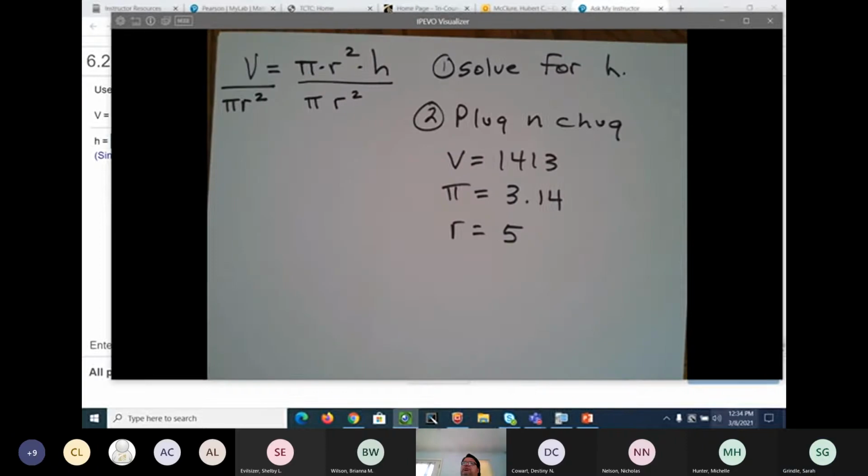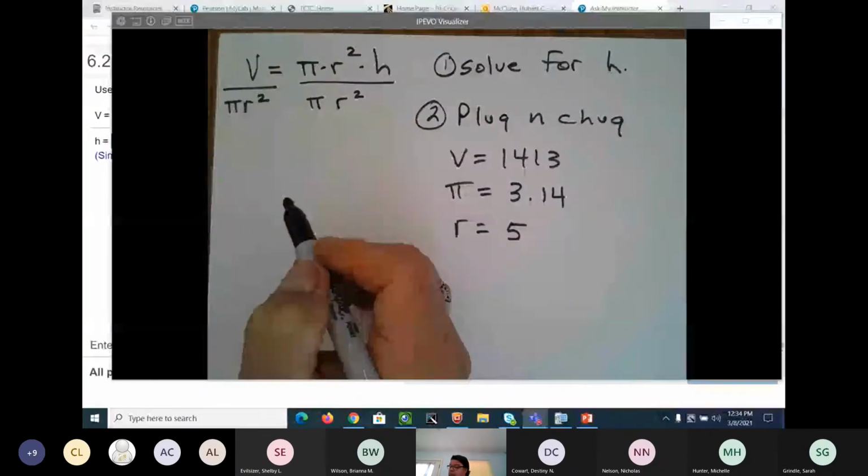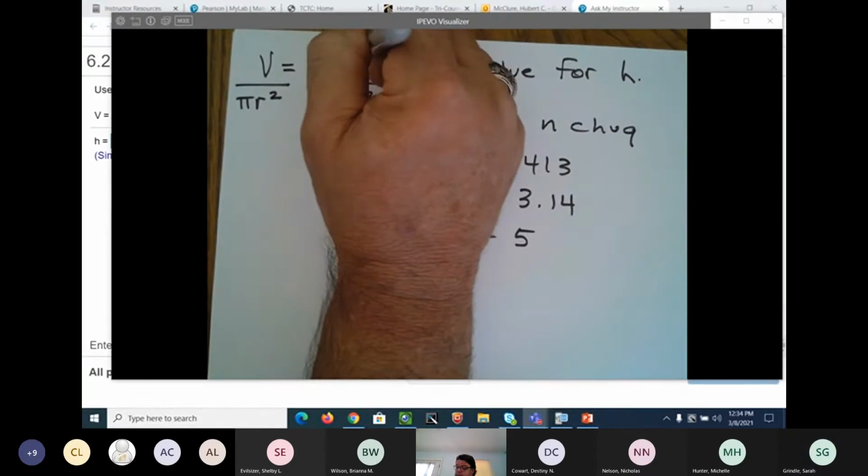Divide by pi r squared. Hold on just a second. Okay, so divide by pi r squared, divide by pi r squared, and take our red pen and cancel those out.